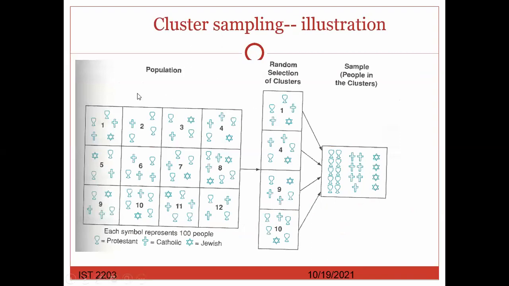So here we have an example, cluster sampling. The population again is divided. You see here Protestants, Catholics. Randomly select the samples, and then the final sample is like this.